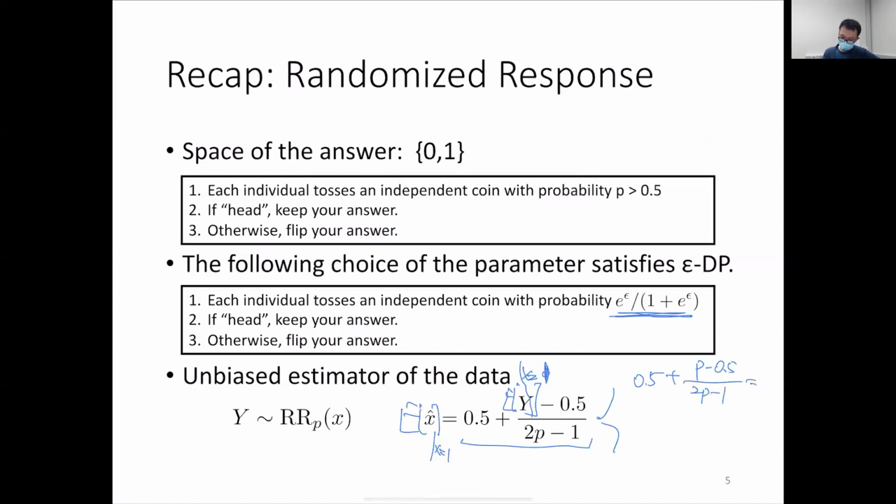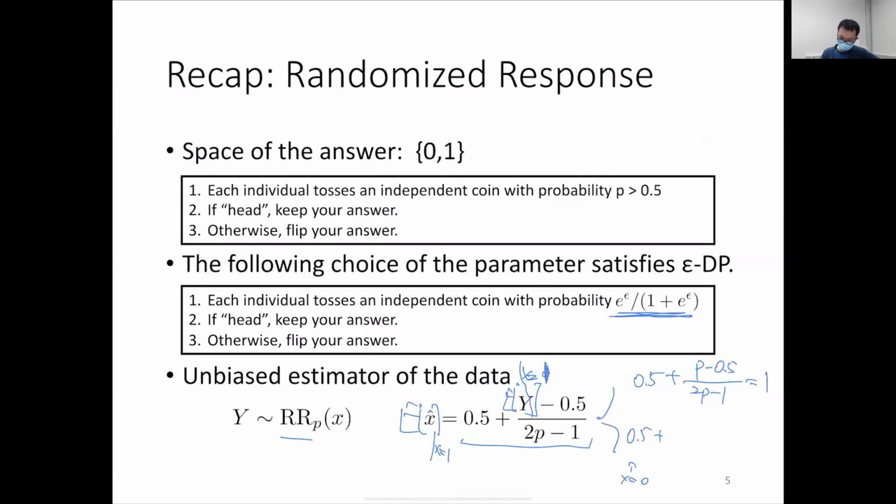This gives us 0.5 plus 0.5 equals 1. On the other hand, when x is equal to 0, the probability distribution of y is 1 minus p, by the randomized response.